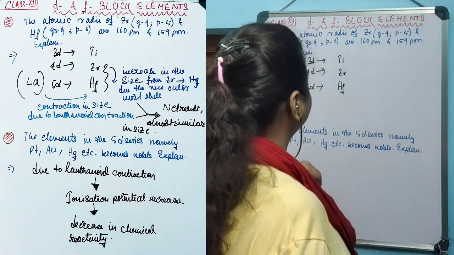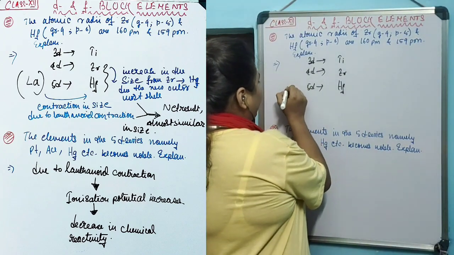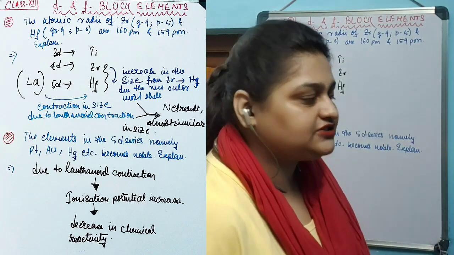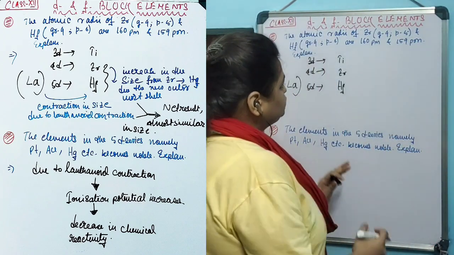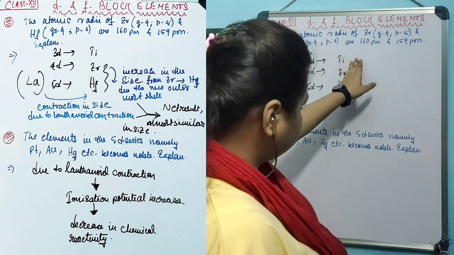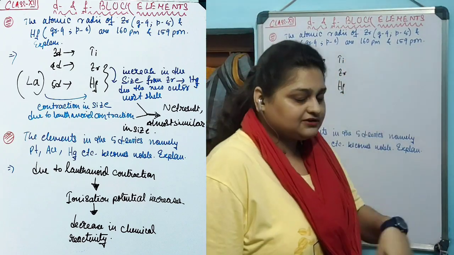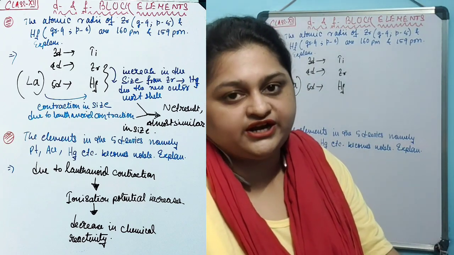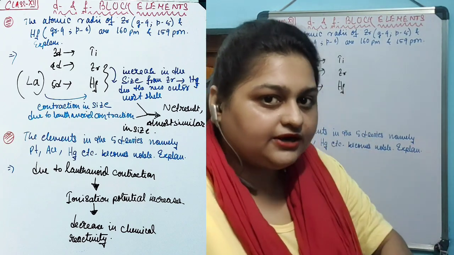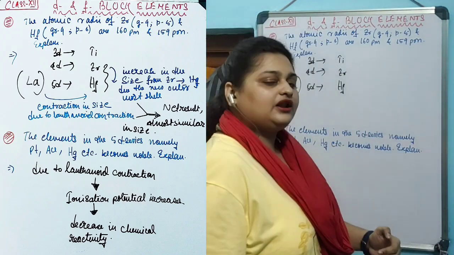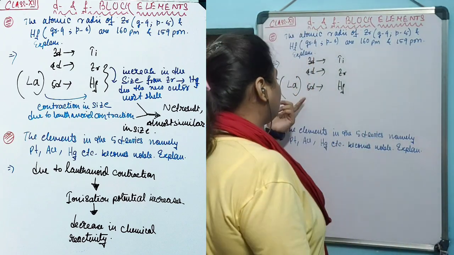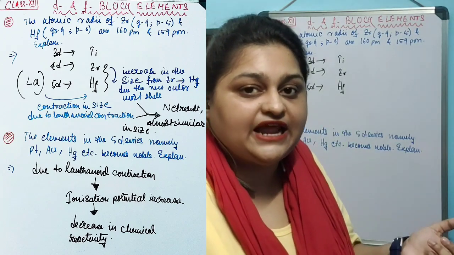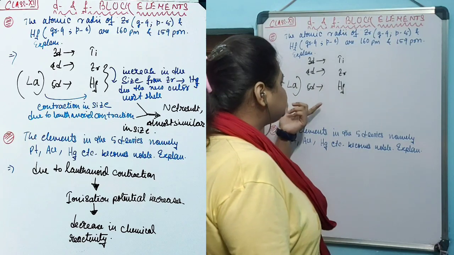What happens here is that right before hafnium there is the lanthanide series, the entire 14 elements. Going from zirconium to hafnium, the atomic radius increases due to the new outermost shell, but a contraction of equal amount happens due to the lanthanide contraction of the lanthanoid elements placed right before.